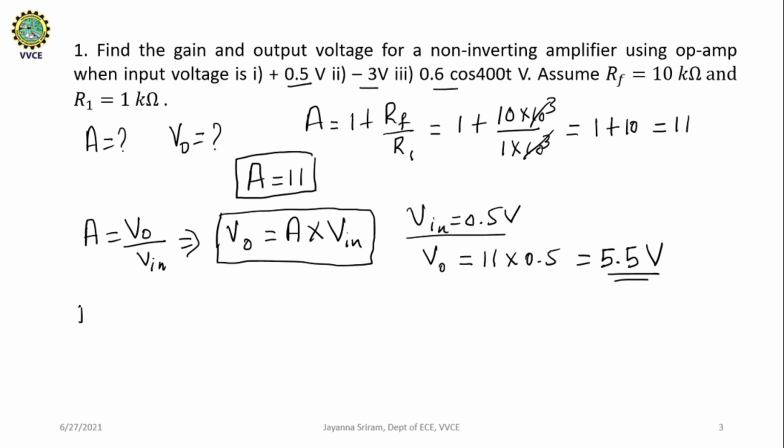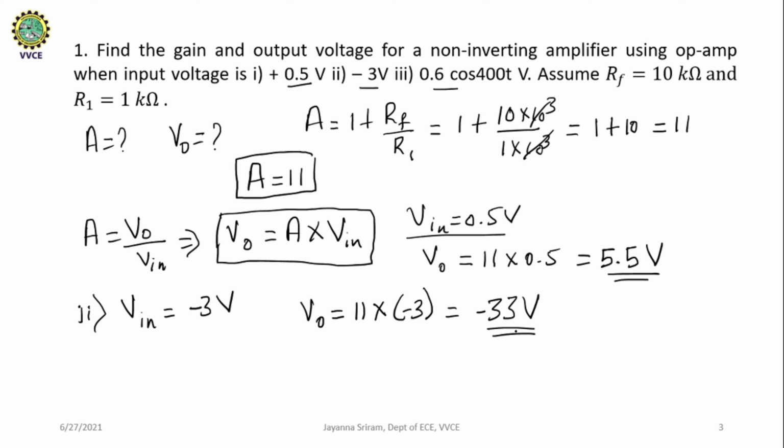Now coming to the second consideration, they have said that Vin is equal to minus 3 volts. So V out will be equal to the gain 11 times Vin of minus 3. So we are going to get minus 33 volts. Let us take another input. They have given Vin equal to 0.6 cos 400t.